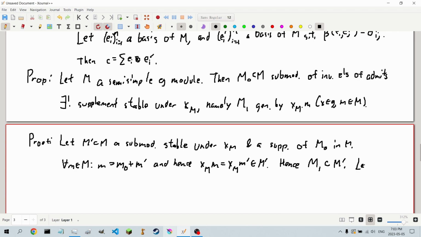Now, let M2 be a submodule of M prime stable under the x_M and supplementary to M1 in M prime.